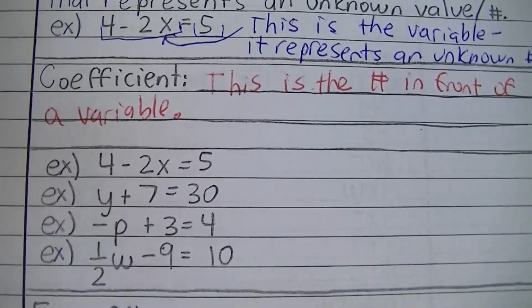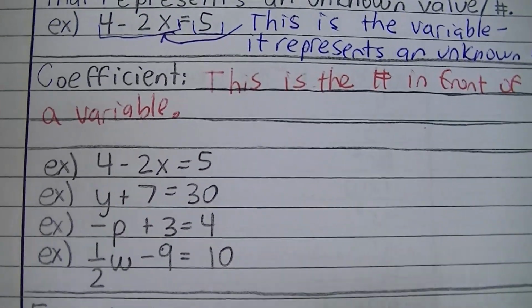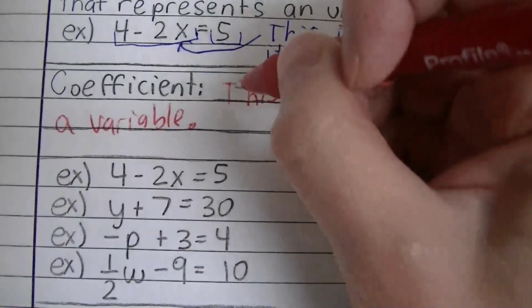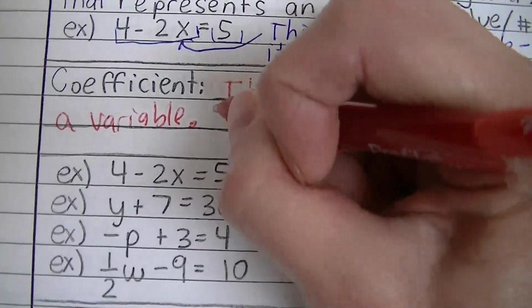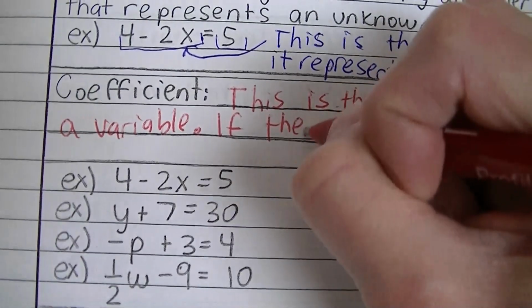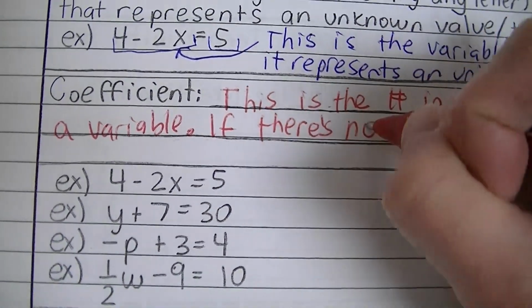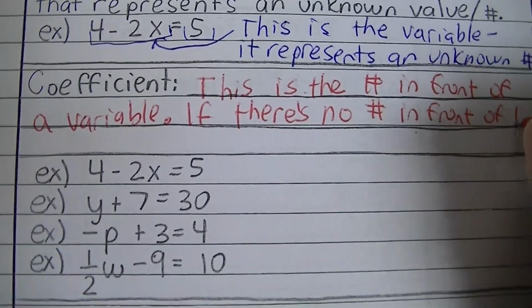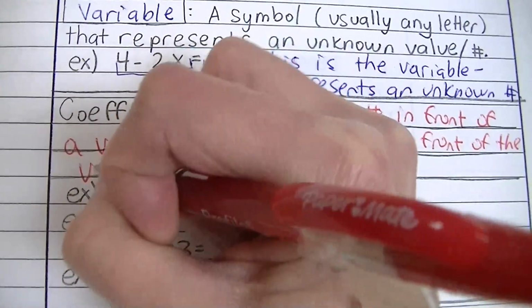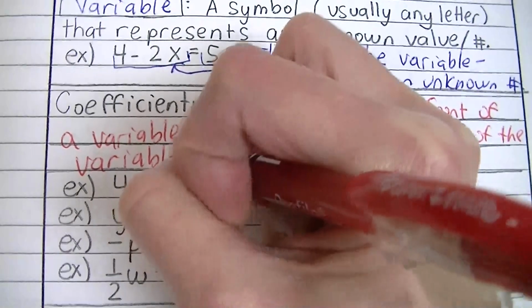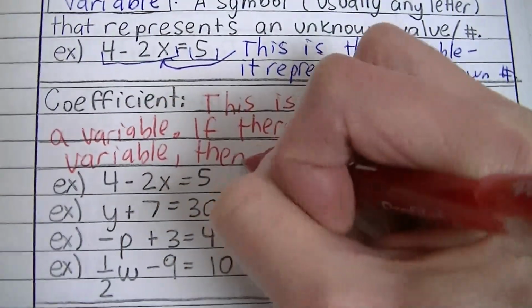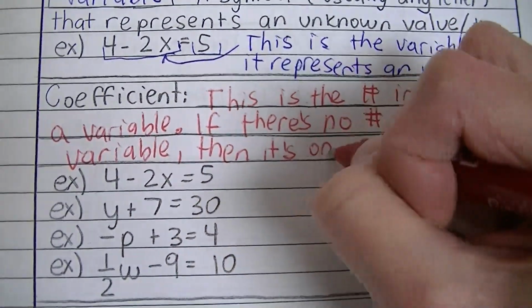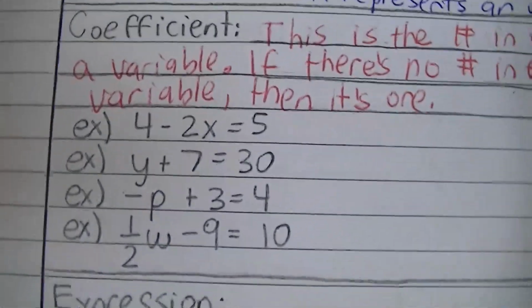And if there's no number in front of the variable, then it's 1. Then there's a 1 there, but we're just kind of too lazy to write it. So let's go ahead and find the coefficient here.